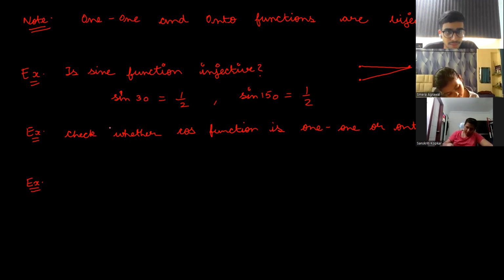Now for the second part, the function is from real numbers to real numbers. Check whether the cos function is 1 1 or onto.